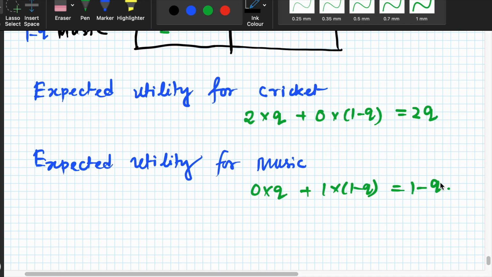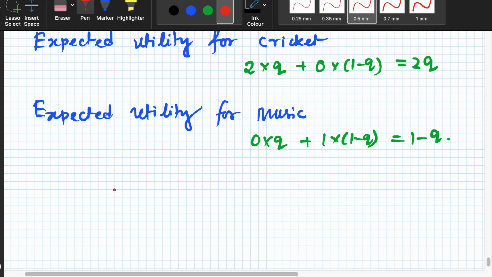Now when cricket is the best response, that means when p equal to 1 is the best response, let us write the best response function of player 1. If cricket is the best response, then the utility of cricket has to be greater than the utility of music, so 2q has to be greater than 1 minus q.